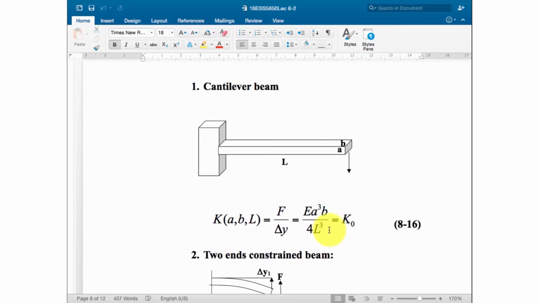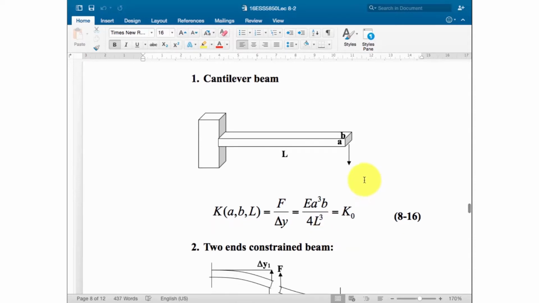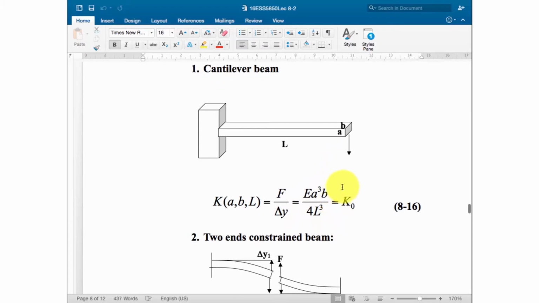The spring constant we define as follows: if you apply some force, what deflection will you have? You divide the force by the deflection and you find a constant. This constant we call the spring constant. For a cantilever beam, the spring constant will be proportional to a cubed.